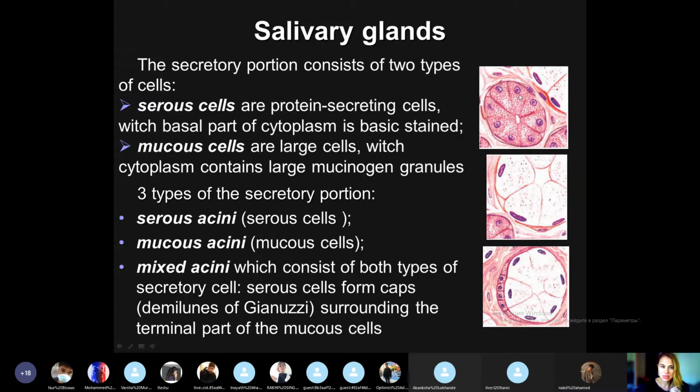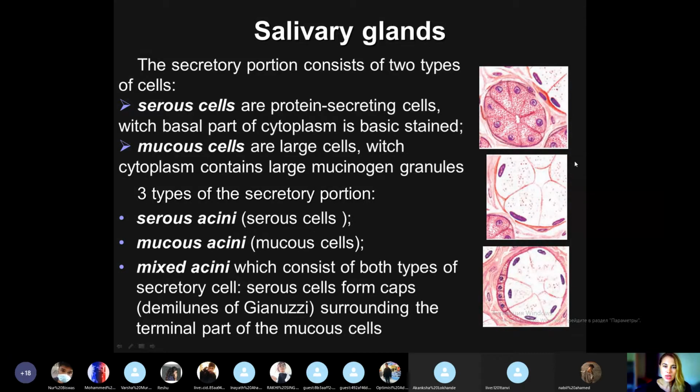The serous cells, if you remember, are responsible for the production of the proteins. This is why in their cytoplasm abundance of the rough endoplasmic reticulum gives basophilia to the cytoplasm. So this is why these cells have bright color of the cytoplasm.